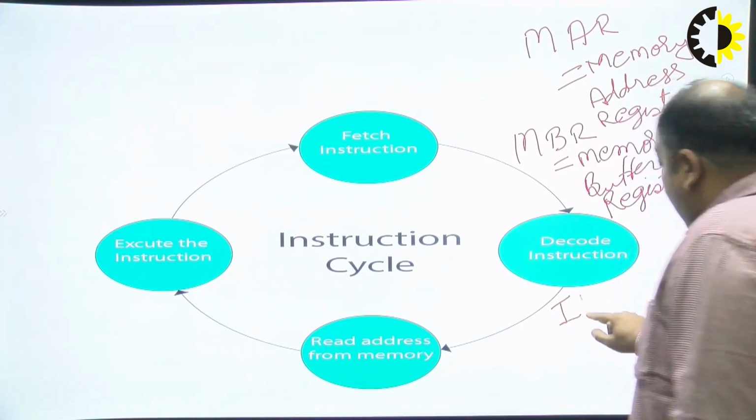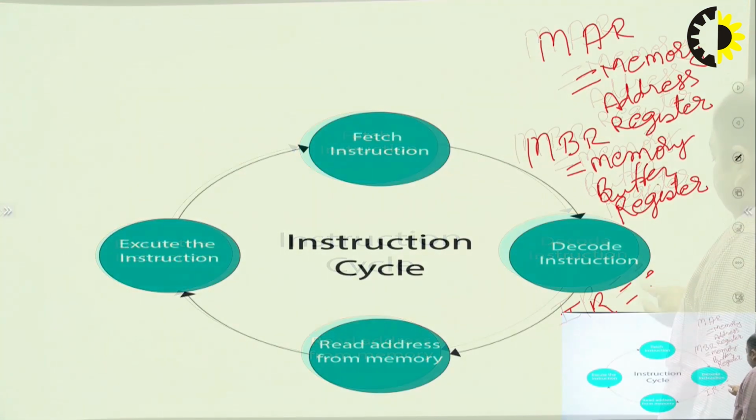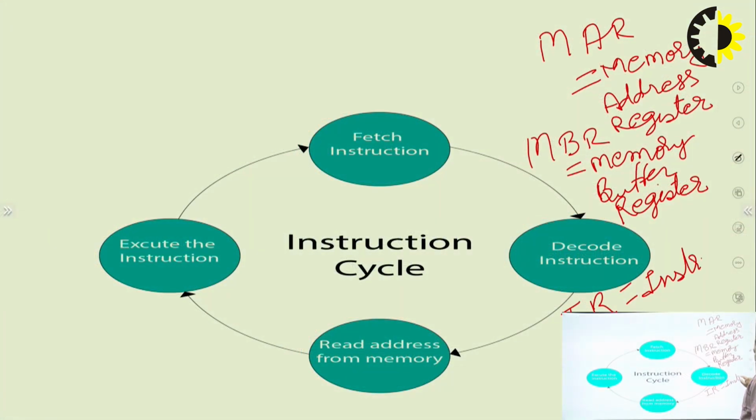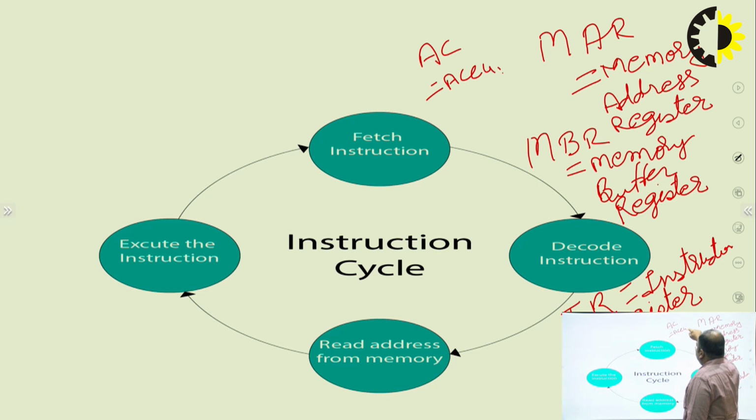Third is IR, which is the instruction register. And the fourth is the accumulator. So these 4 registers we use for our instruction cycle.